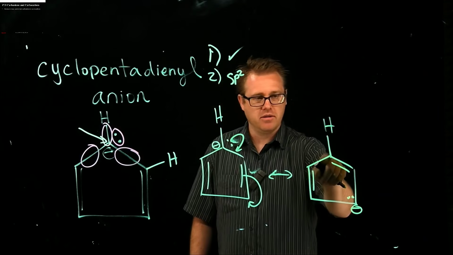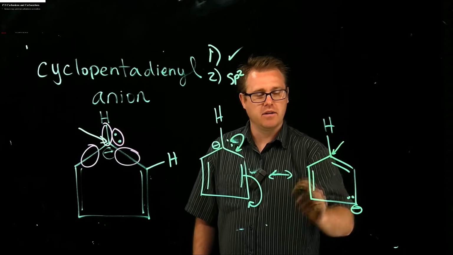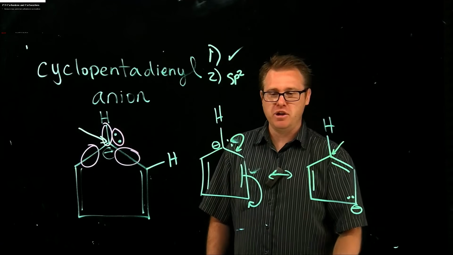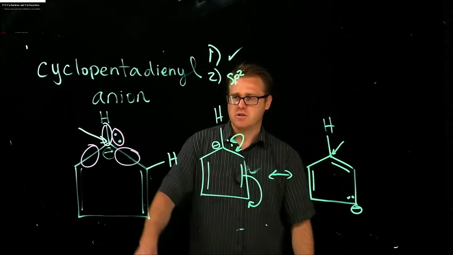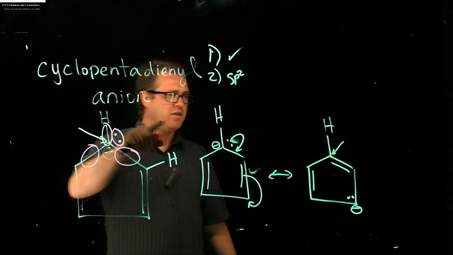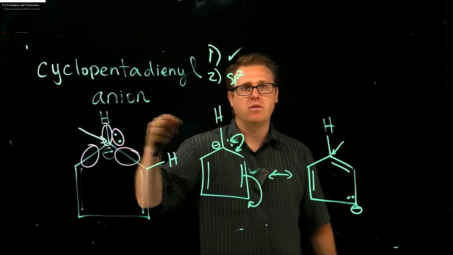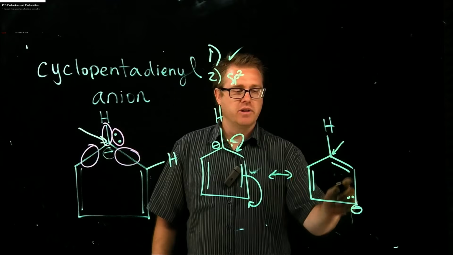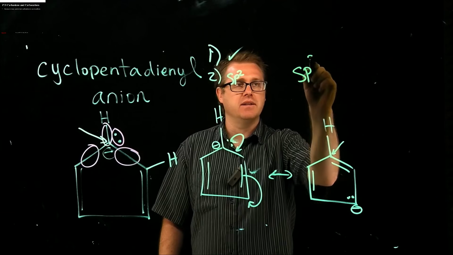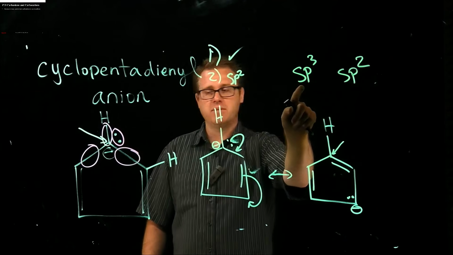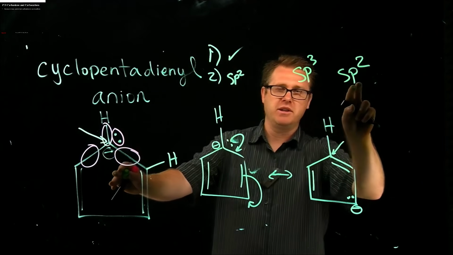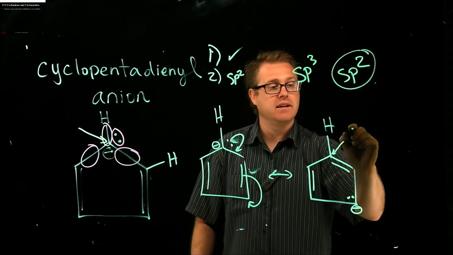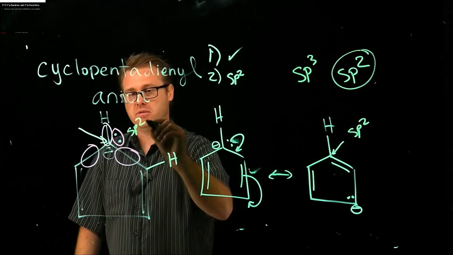Now when you look at that carbon right here, do you see now how it has 3 electron groups? So now that looks like it's sp2 hybridized, does it not? So over here it looks like it's sp3, and over here it looks like it's sp2. So what is it? Well, when you have something like this, you're always going to pick the lower of the hybridization states. So if it's sp3 in one resonance structure and sp2 in another, it's actually both of these carbons are in fact sp2. Both of them are sp2.